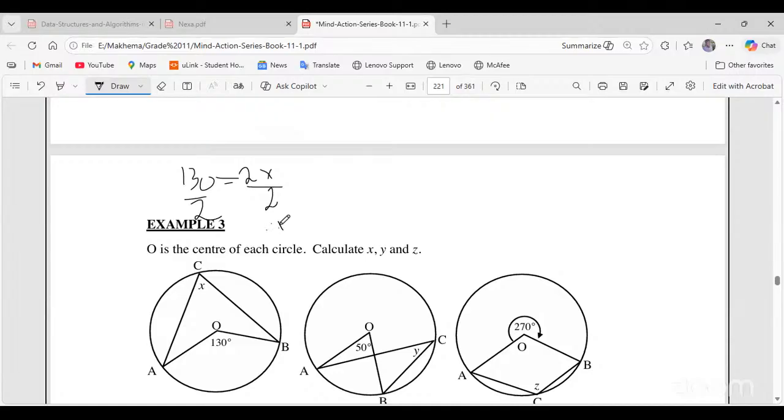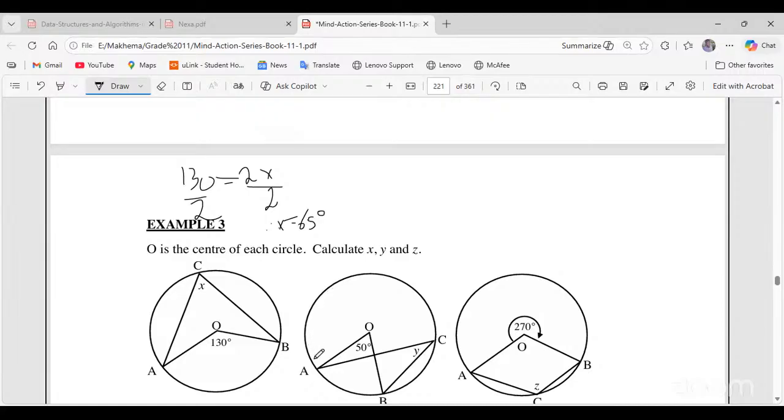Therefore, the value of x is equal to 130 divided by 2, which is 65 degrees. So guys, please, in Euclidean geometry, we are not talking about just numbers. We are talking about angles. So do write that. This is 65 degrees, just like that.